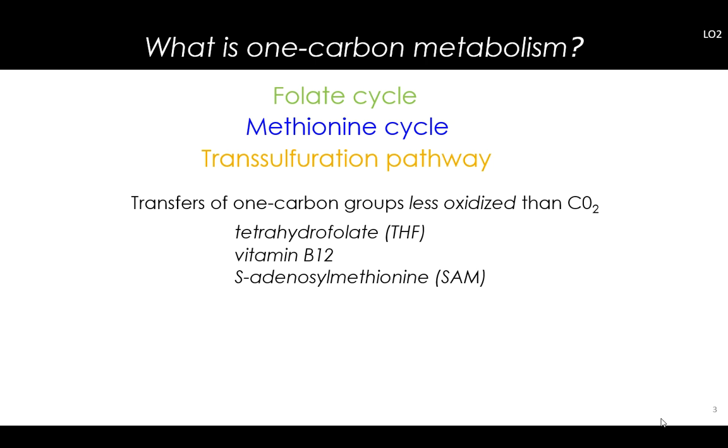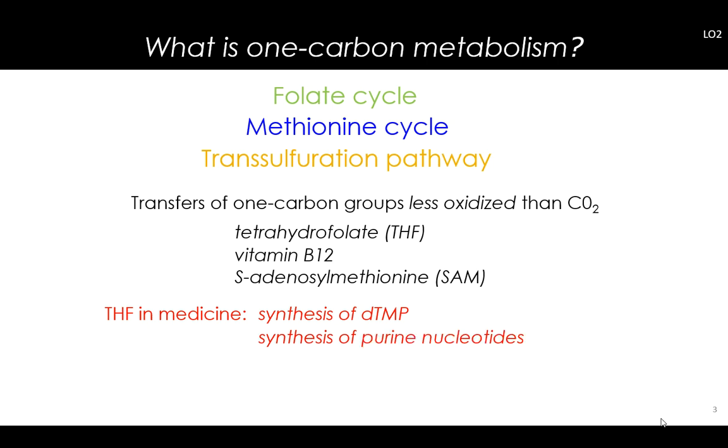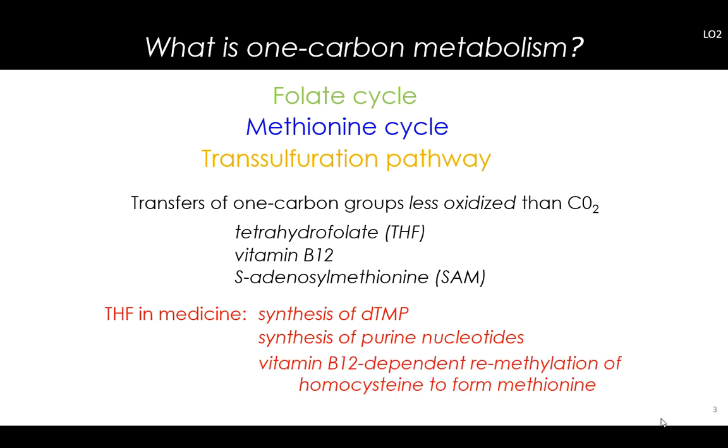Tetrahydrofolate participates in a limited number of biochemical reactions, the most significant in medicine being the de novo synthesis of deoxythymidine monophosphate, which is essential for DNA synthesis, the de novo synthesis of purine nucleotides, and the vitamin B12-dependent remethylation of homocysteine to form methionine.